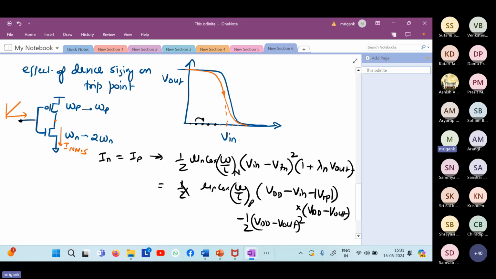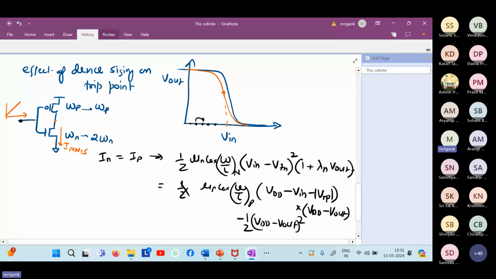Assuming that other parameters are constant, mu P, mu N, COX, etc., and the two parameters in the square bracket are also constant, V in minus VTN, VDD minus V in minus VTP. For a particular V in, these parameters are all constant, so I can ignore them.